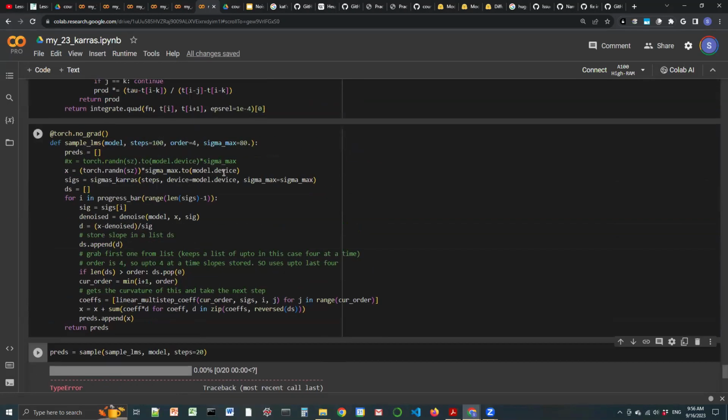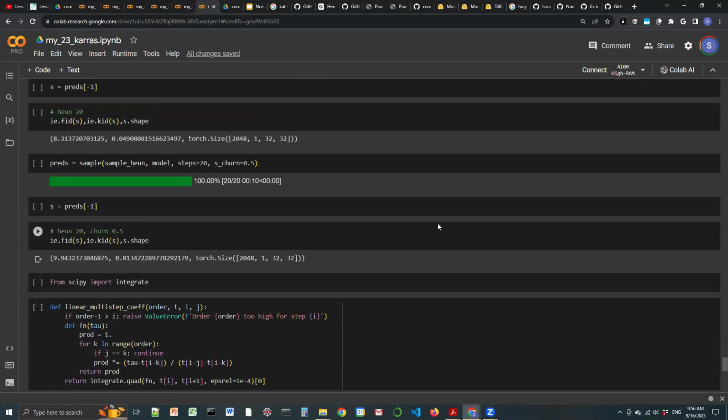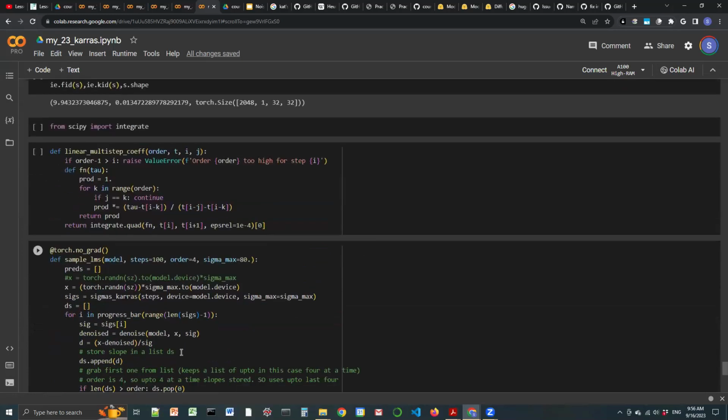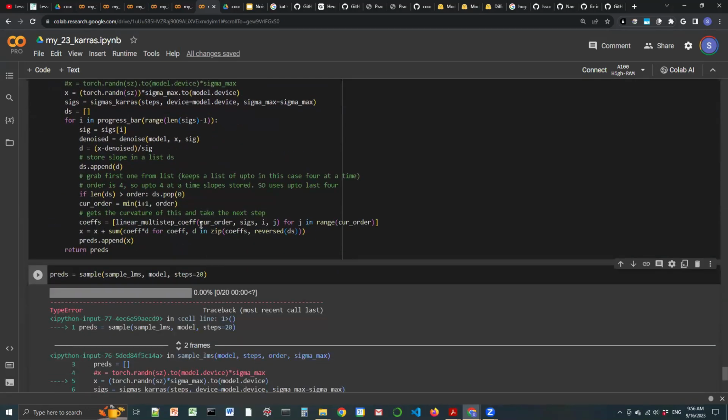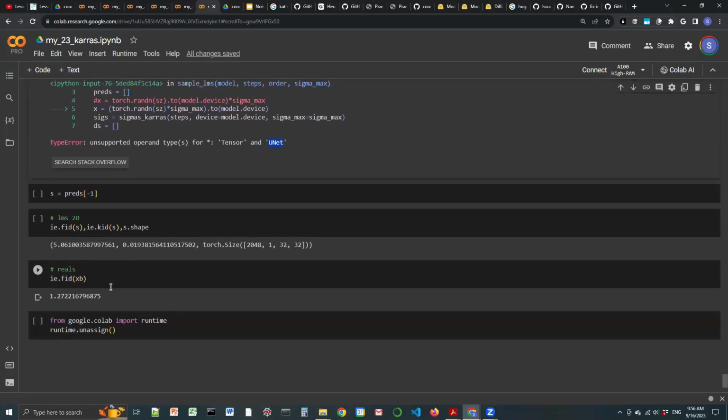It's mainly this line of code. I think he took this LMS implementation from that KDiffusion notebook, so I'll search in the KDiffusion notebook and probably take the line of code. He has probably modified it somehow, and that modification has gone awry. But barring this particular failure to do the sampling with LMS, everything else works.